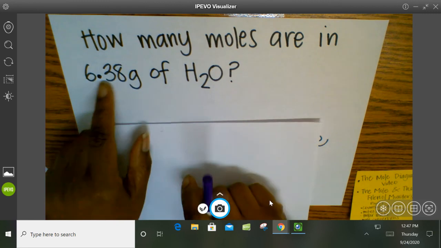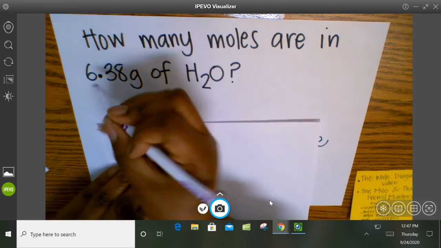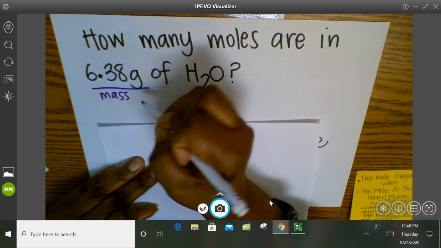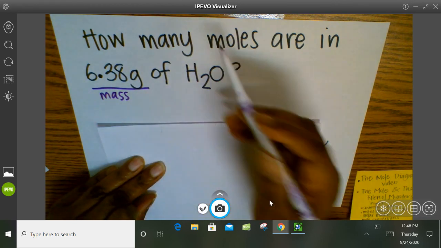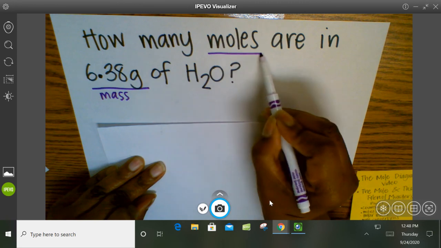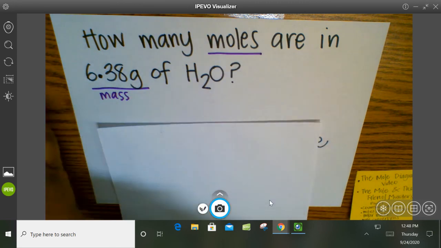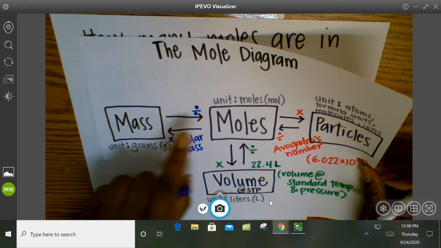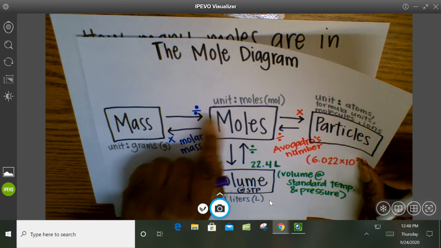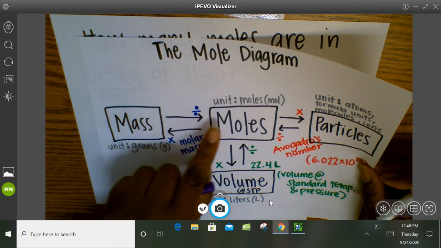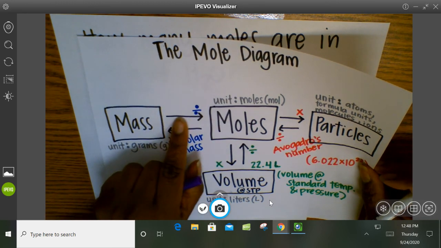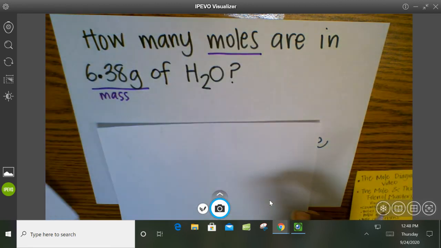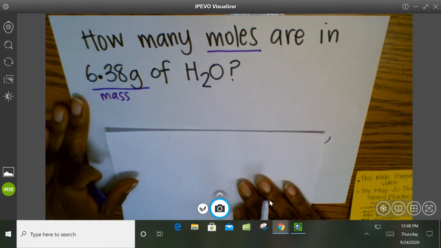You're given mass, and you're finding moles. Let me bring back my diagram. You're given the mass. You're finding moles. How do you do that? You divide by the molar mass of the substance.